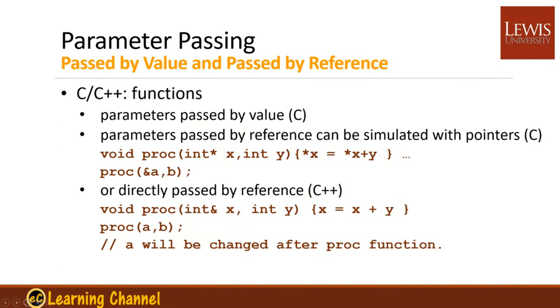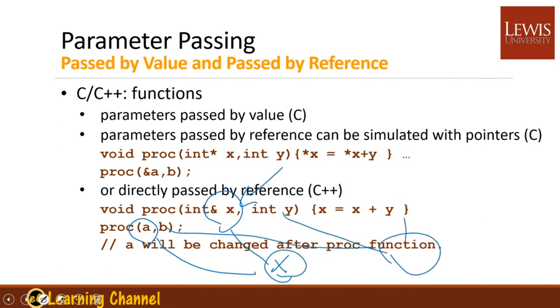So in that case, this x becomes an alias for the variable that calls it. So A and X are pointing to the same object, and B and Y are pointing to the same object. And inside here, if x gets updated, the outside A will also get edited.